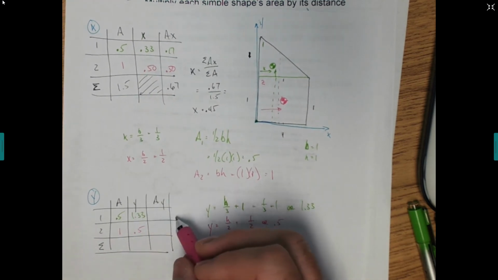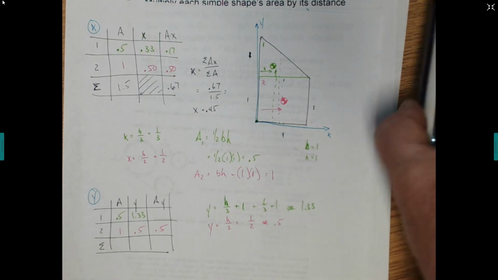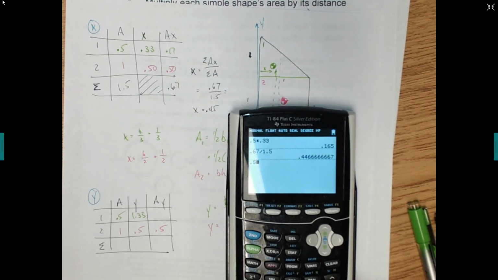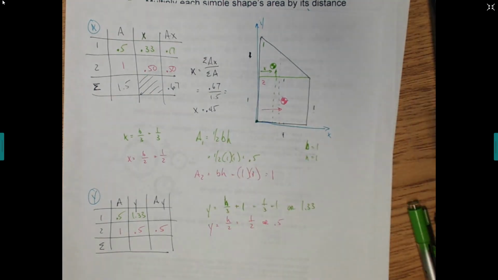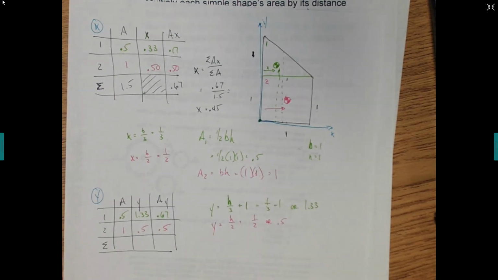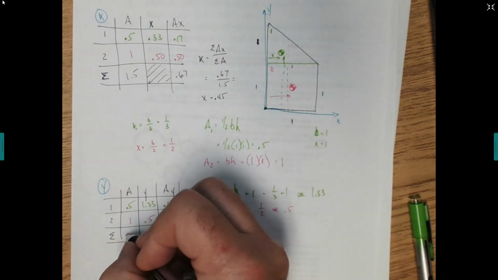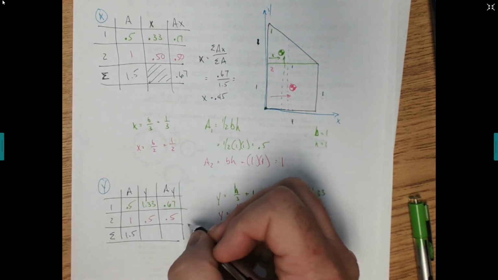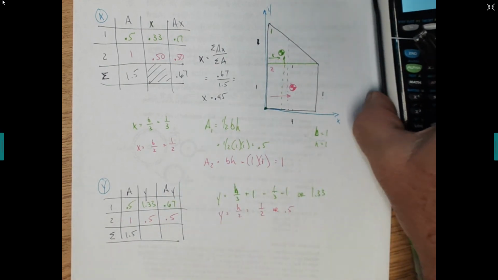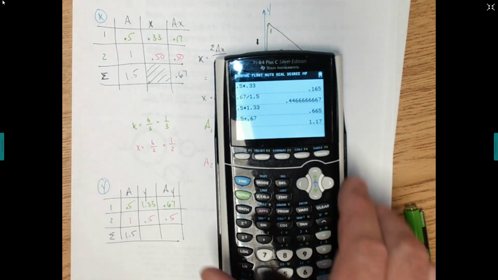Now again we're going to multiply across. 1 times 0.5 is 0.5, so that one's easy. And then we have 0.5 times 1.33. We get 0.665 or 0.67 for this guy up here. Now we add them up going down here. So this is going to be 1.5 again, and 0.5 plus 0.67 is 1.17.